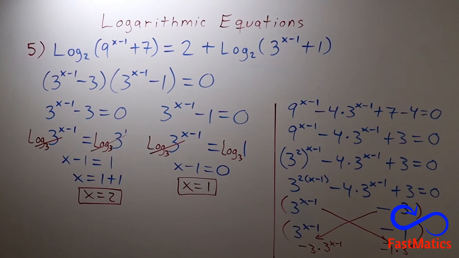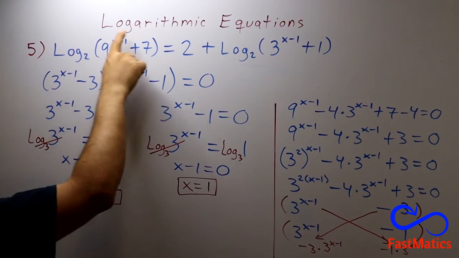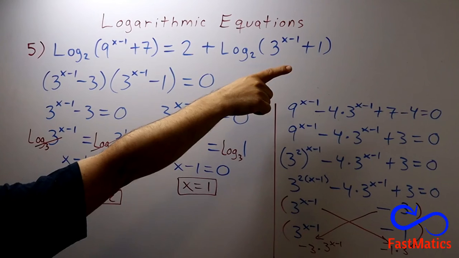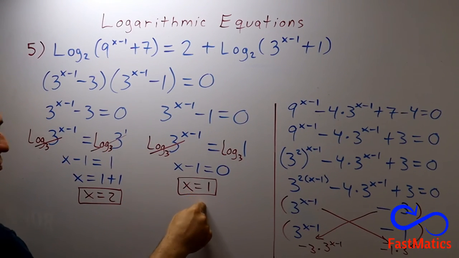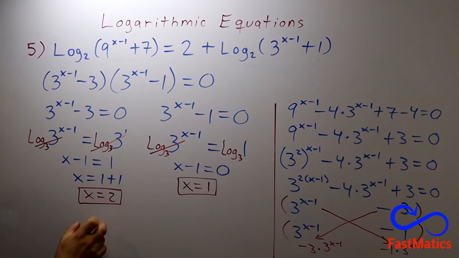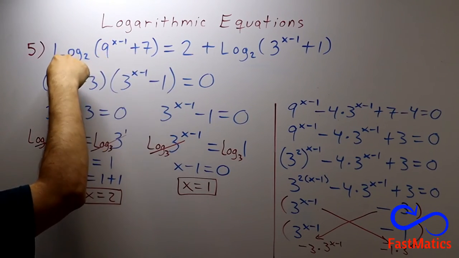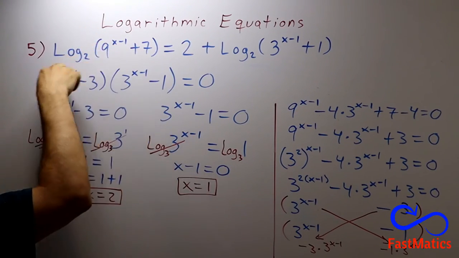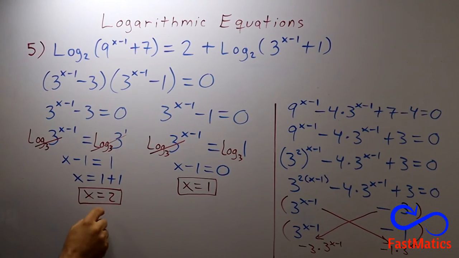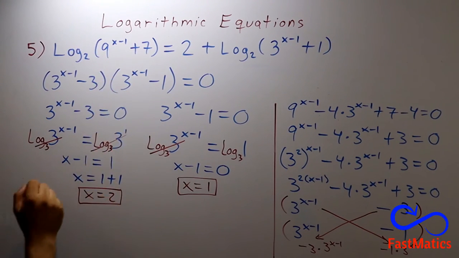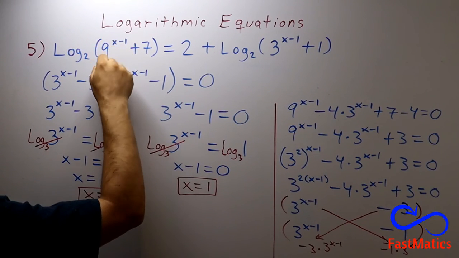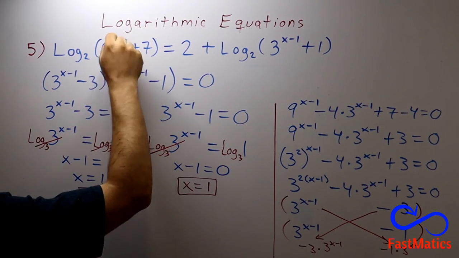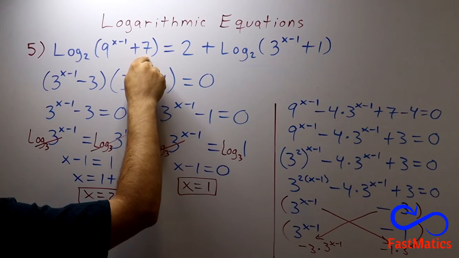And please remember that when we are solving logarithmic equations, we need to verify that the answers are correct, that we are not writing a logarithm of a negative number or logarithm of a 0. If we replace the x with 2, 2 minus 1 is 1, 9 to the power of 1 is 9, plus 7 is 16.